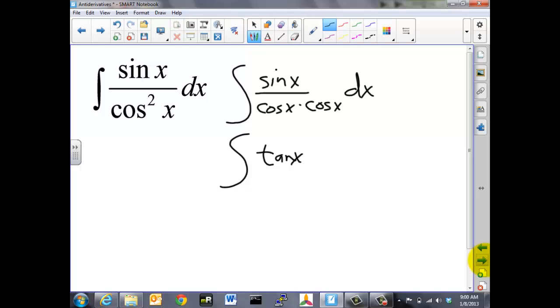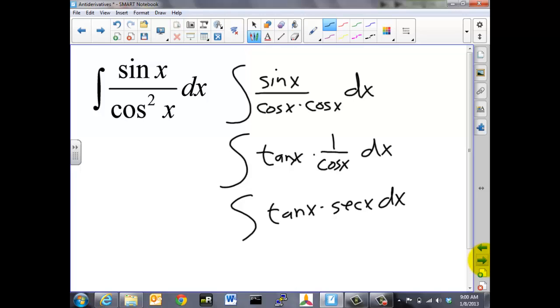It still exists, it's 1 over cosine, dx. Now that's the crucial thing: sine over cosine becomes tan. This stays 1 over cosine, which you said becomes what, Colin? Secant x.